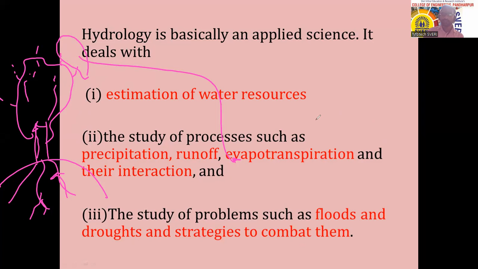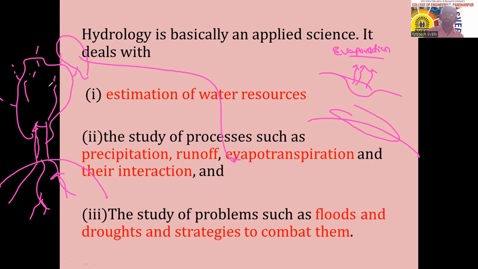Evapotranspiration. Then, if this is the earth surface, there is a lake or pond, so there is water. The water which is evaporated directly from the sources of water is called evaporation. The water which is evaporated from the surface of the water body is called evaporation.